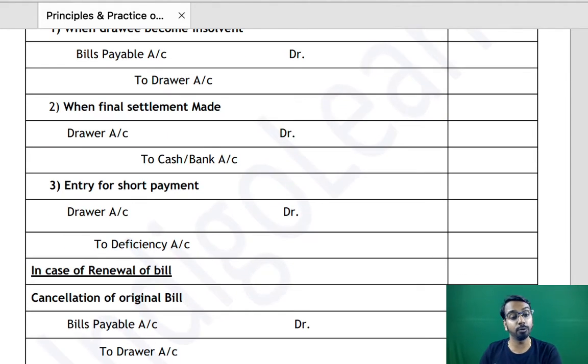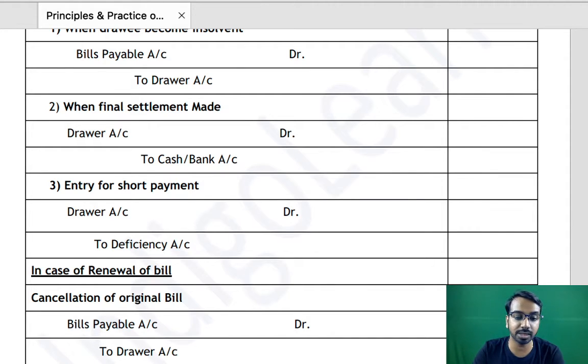If you want to renew, first you have to cancel out the original bill, then you have to create a fresh bill. Now this fresh bill has to be for the original amount plus noting charges, if any, plus interest.